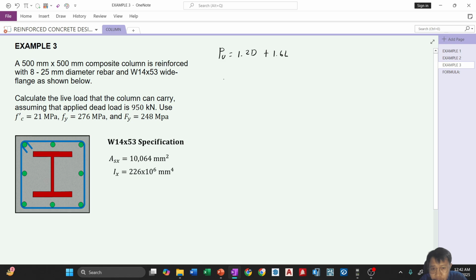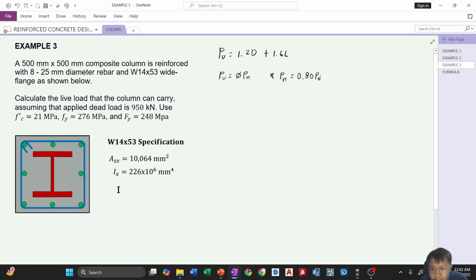Okay? So, we know that the other formula for Pu is actually equal to phi of the nominal. Tama? And then, we expand this formula as well. Take note that Pn is equal to 0.8 P sub 0 for tied column.